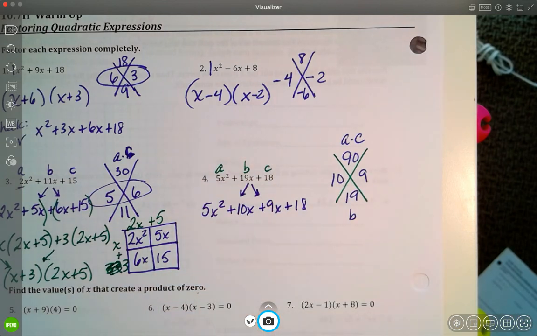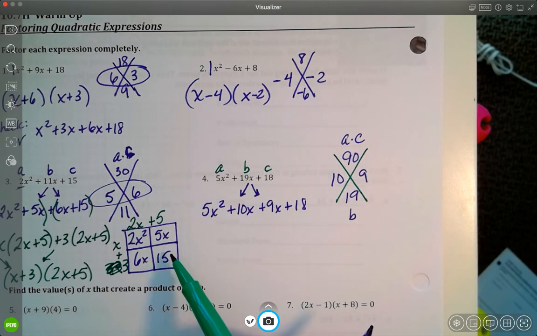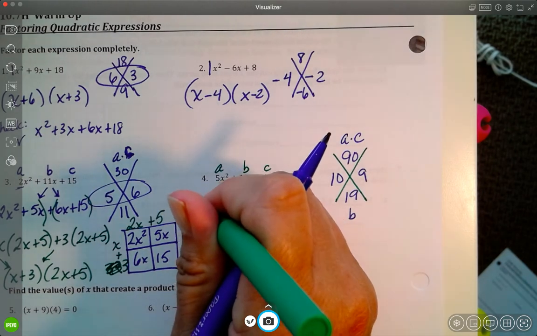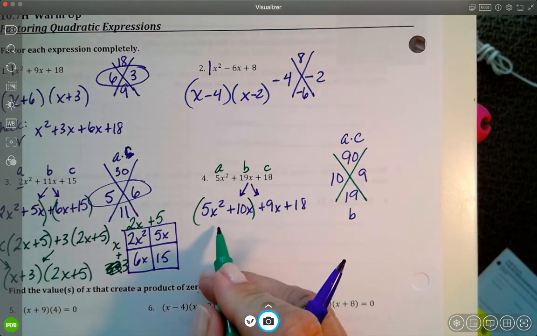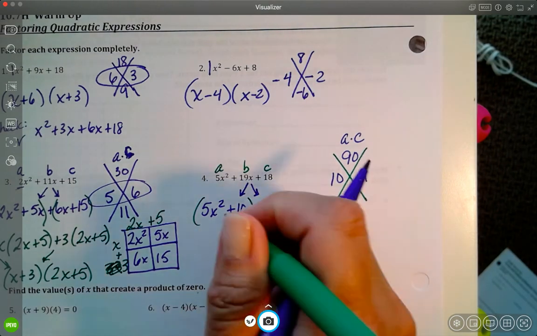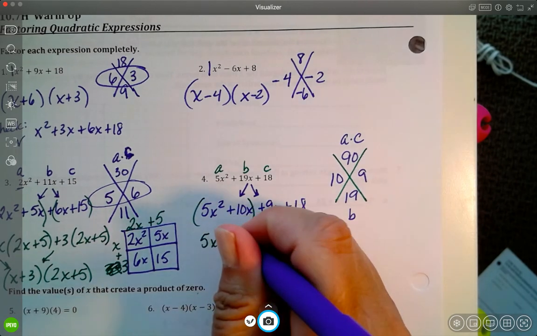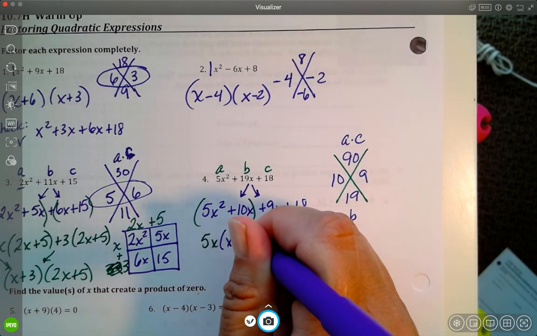And now I have 4 terms, and I can either go here and use a Punnett square, like put 1 in each box, but I think it's just easier to factor by grouping. But if this is easier for you, then you should use that. Okay, so what is my greatest common factor out of these first 2 terms? Well, 5x. And then what do I need to get back to it? x plus 2.